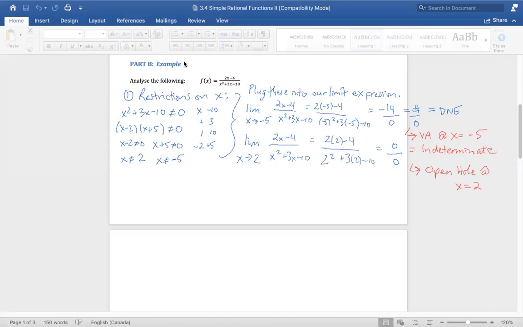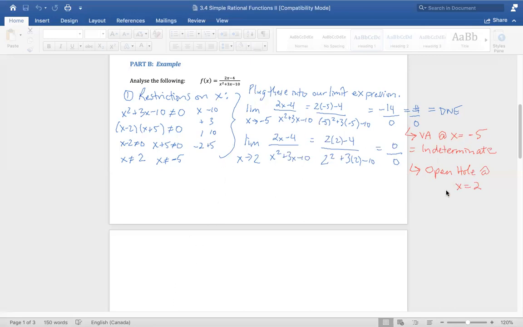So just to point out, make sure you're paying attention to this statement. When you have an open hole, so right here I have an open hole, this expression has an open hole associated with it, with removable discontinuity, then that means that my original function can be simplified further. And I can use that simplified expression for the rest of my question.